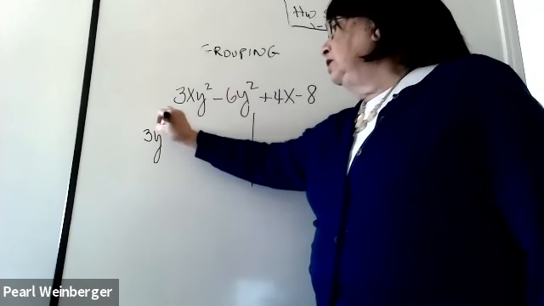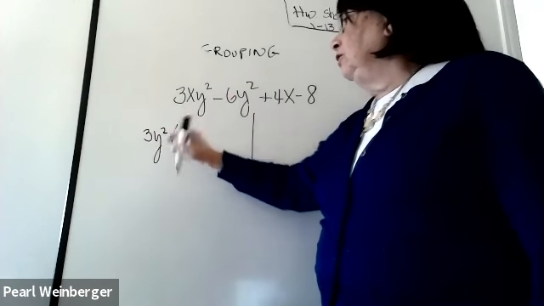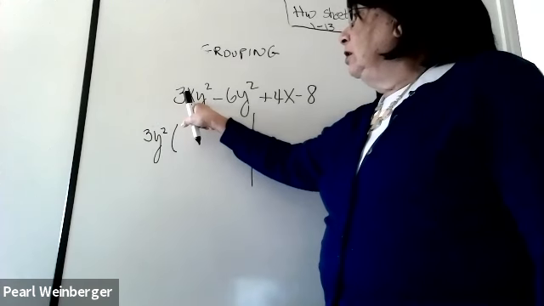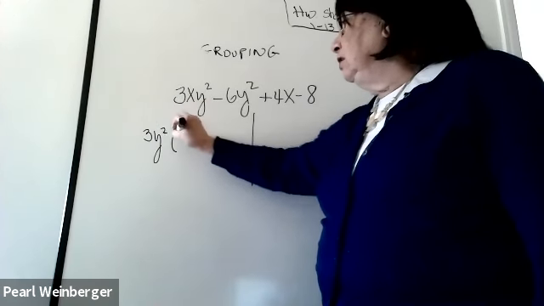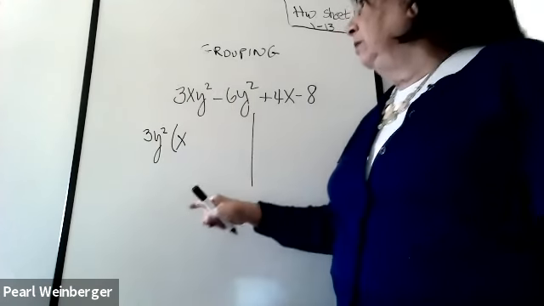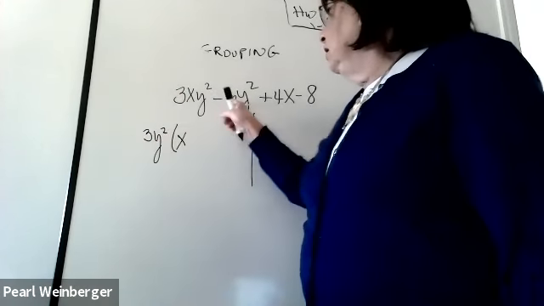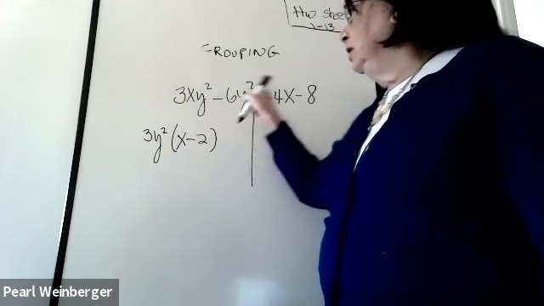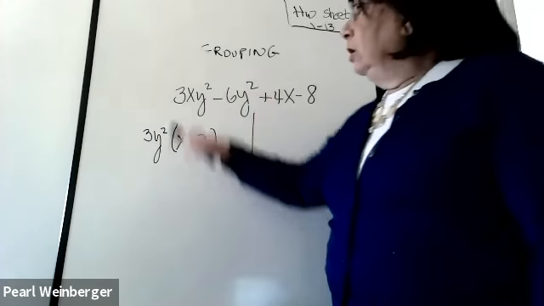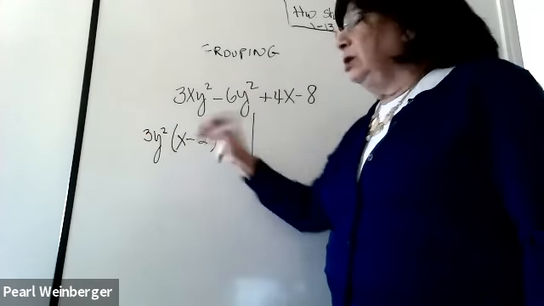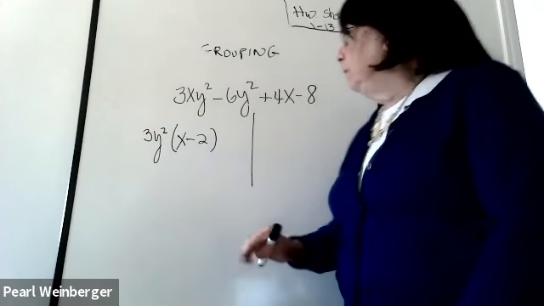So 3y squared is my common factor for this group. Dividing the 3y squared into the 3xy squared gives me x, because the 3's cancel and the y squareds cancel. And the 3 into the negative 6 is minus 2, and the y squareds cancel as well. So the first group can be factored into 3y squared times x minus 2.